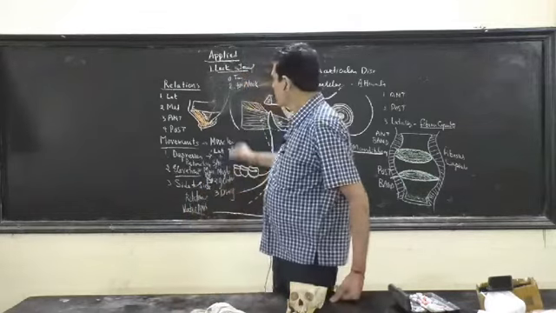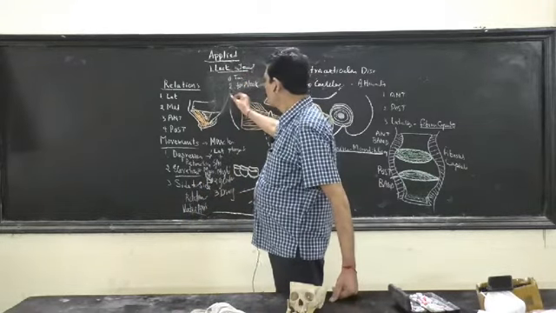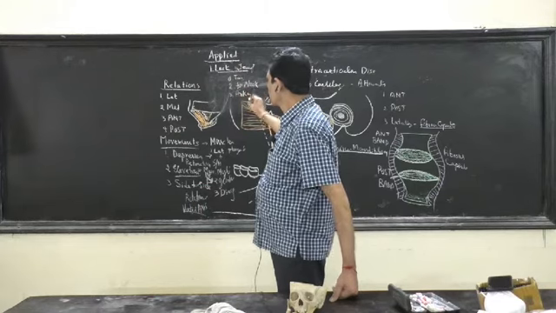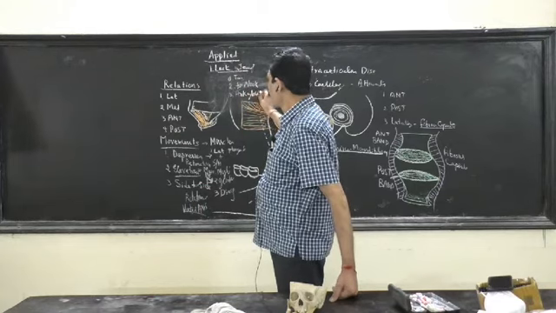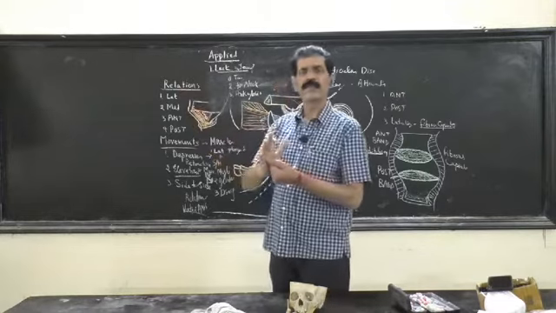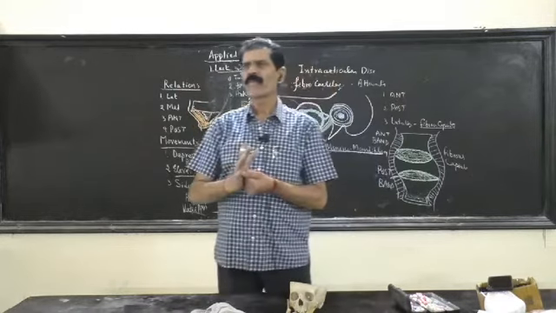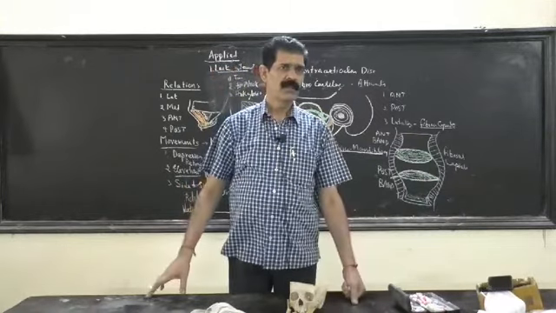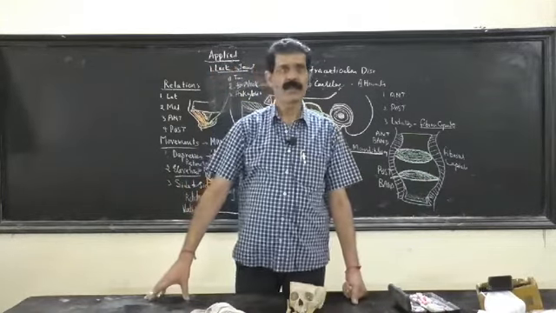Another cause of the lockjaw is ankylosis. What is ankylosis? Fusion of the articular surfaces of any joint. In old age people it is very common.